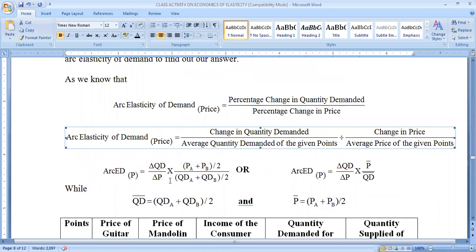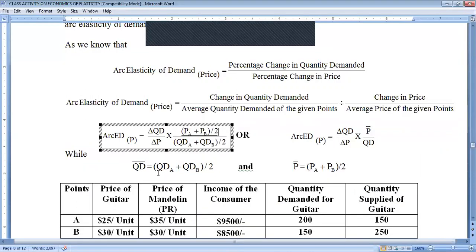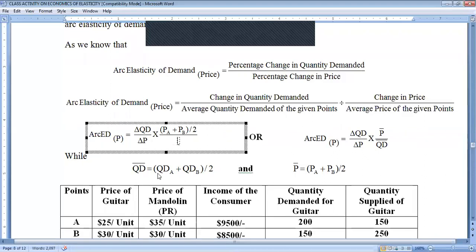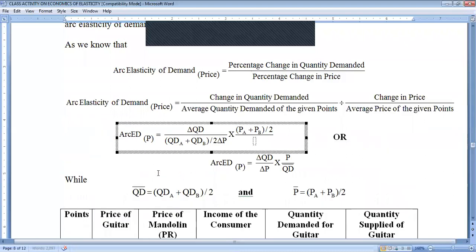So in place of change in quantity demanded, we can write delta QD, and in place of average quantity demanded of the given points, we can write quantity demanded at point A plus quantity demanded at point B. By adding both quantities, we divide the sum upon 2 to obtain average quantity demanded of the given points.